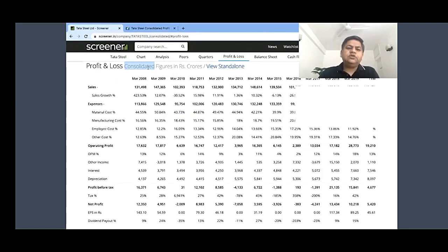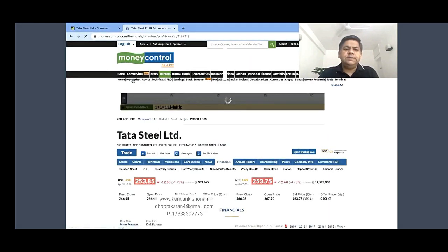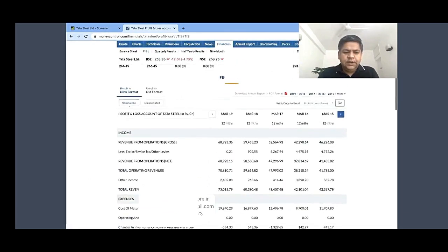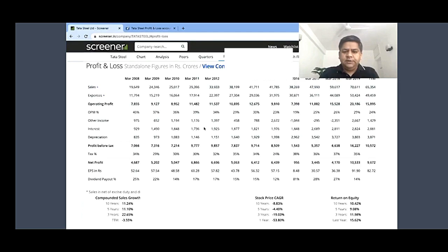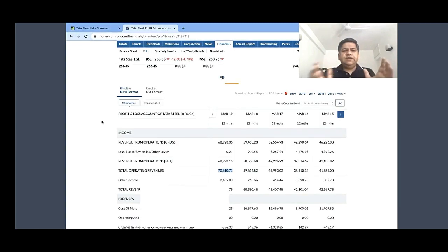And here in the consolidated also, if I go and click standalone as well, you will see that in standalone they have total revenue of 70,610 crore. Here it will be 70,611 crore, again the rounding off which has been done. So never ever get confused between consolidated and standalone.